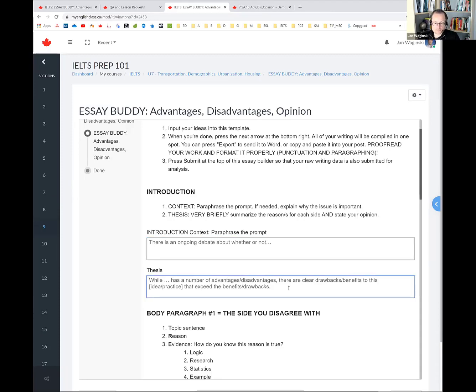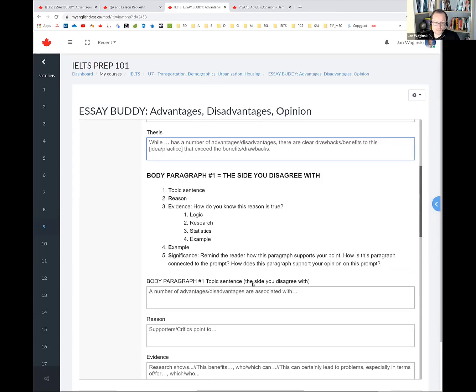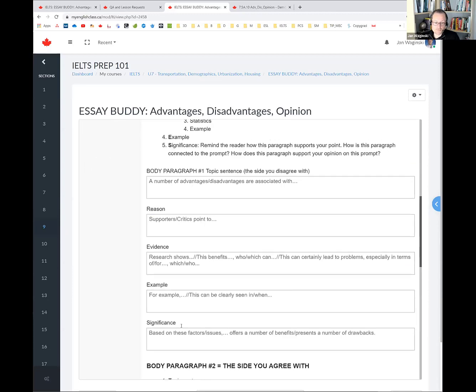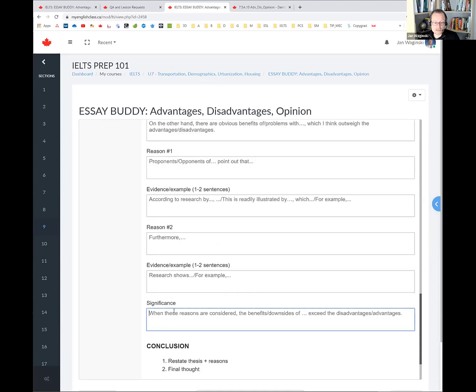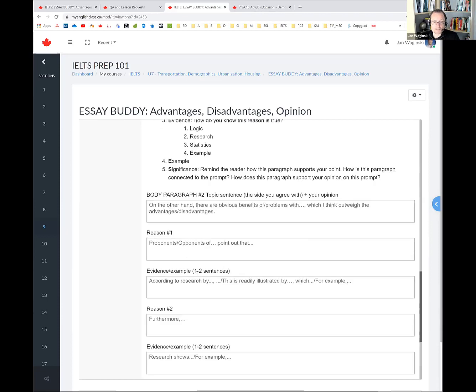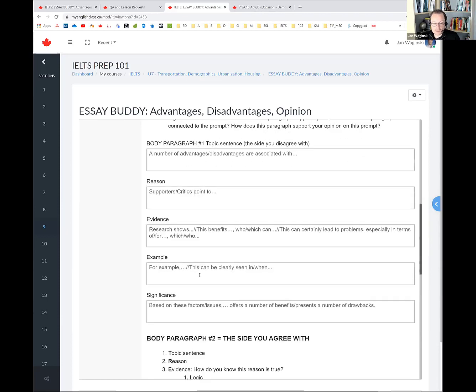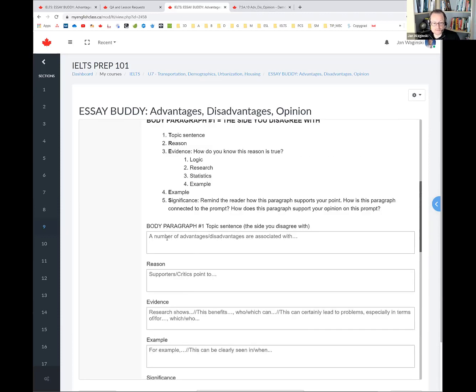Thesis. And then every part of the body paragraph. These are the same template sentences that are in the Word document, but this might help you internalize or remember these things, because when you see it here, as soon as you start typing, this disappears.